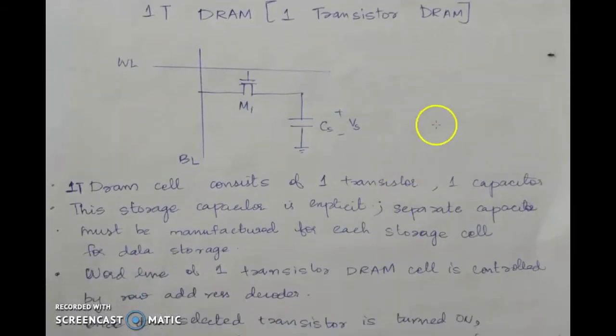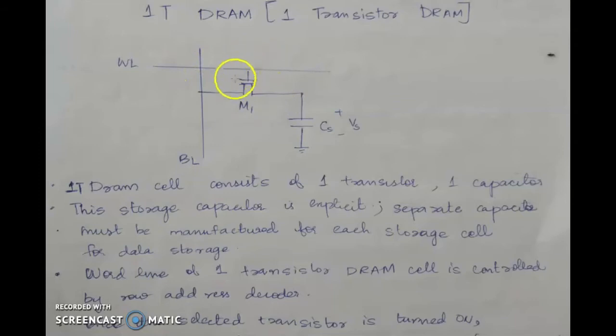You can see this is the 1 transistor DRAM. It consists of an access transistor, a capacitor, and there is a word line and a bit line. The word line is selected by a row address decoder, and this access transistor acts as a switch controlled by the word line.